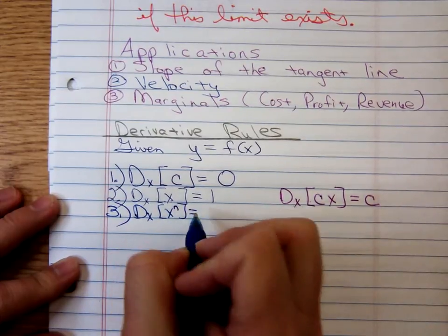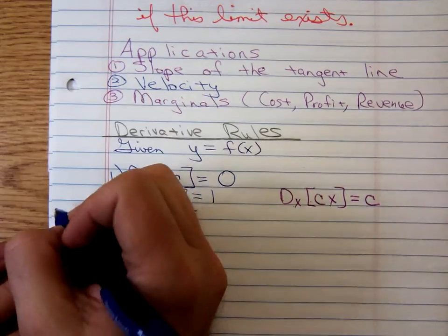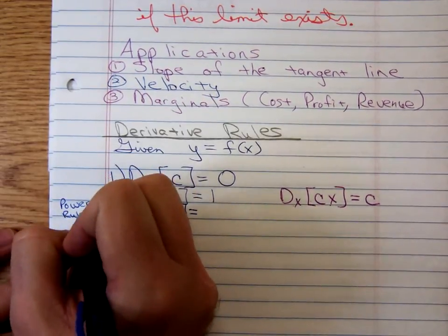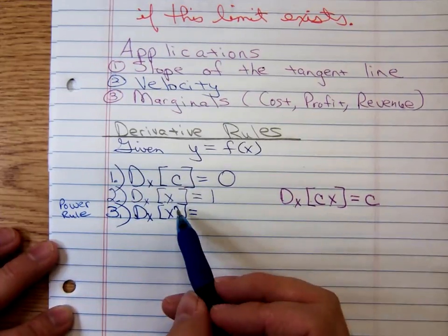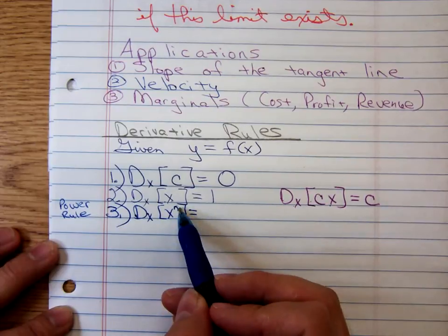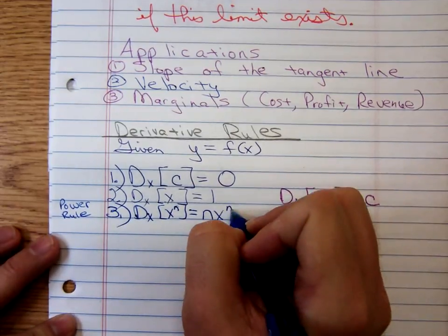This rule that I'm stating right now is frequently called the power rule for differentiation. You take that exponent, n, move it down in front of x, and subtract 1 to get the new exponent. So n times x to the n minus 1.